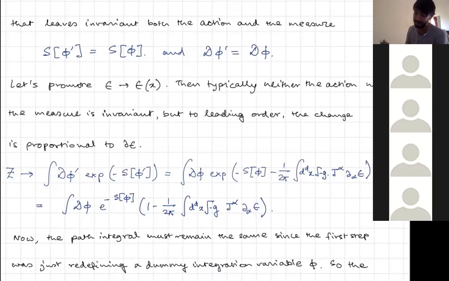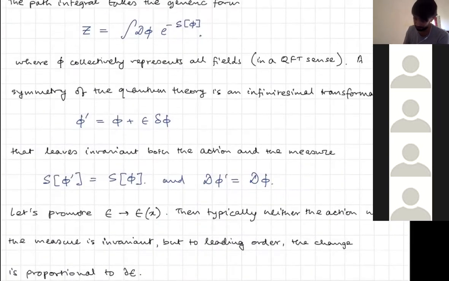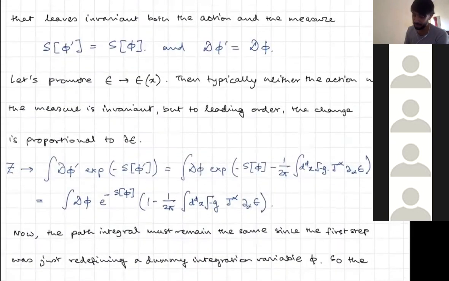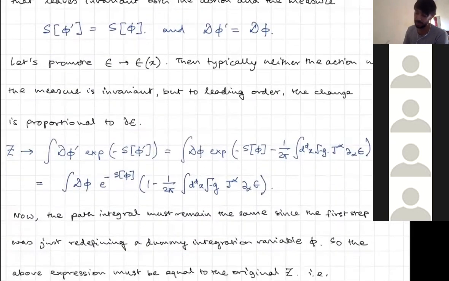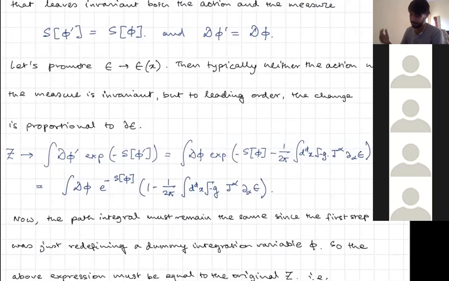So in this case, the path integral has to stay the same, because if you looked at the first line, and at the way we defined the path integral in the first place, all we have done essentially is change the dummy variable of integration phi.